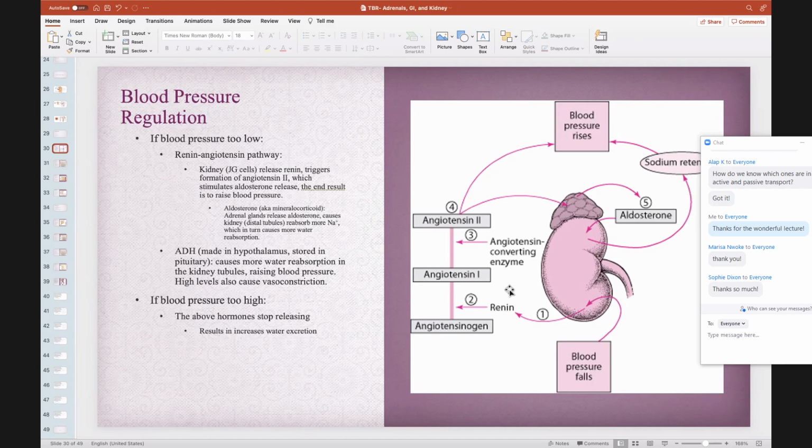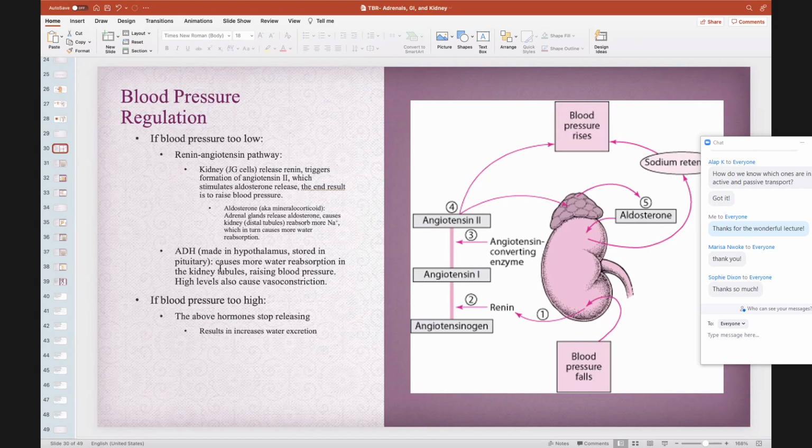As they release the renin, angiotensinogen is going to be cleaved by the renin, which is going to create angiotensin 1. Angiotensin 1 will float around. It will find its enzyme, angiotensin converting enzyme, ACE. ACE is just looking for its substrate. It substrates the angiotensin 1. So ACE is going to convert the angiotensin 1 into angiotensin 2.